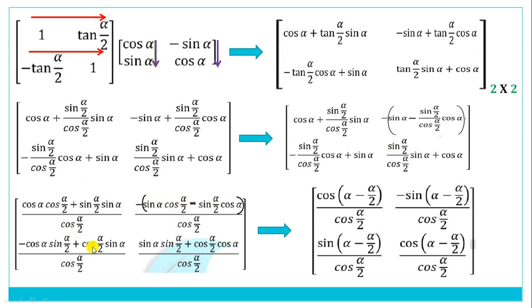Here, beta, we have sin A cos B minus cos A sin B. This is the formula for sin A minus B, and A here is alpha and B here is alpha by 2, and the same is true for the last one. Cos A cos B plus sin A sin B, formula for cos A minus B, where A is alpha and B is alpha by 2. So these are identities that you have studied in class 11th.